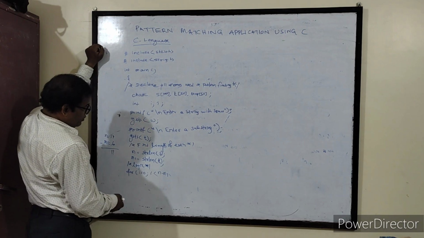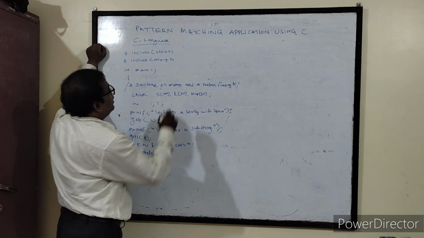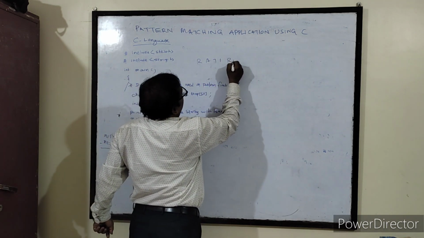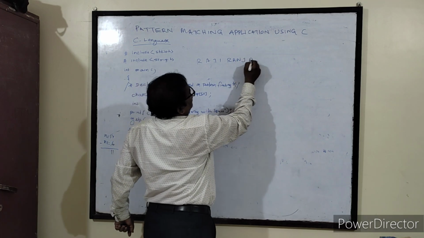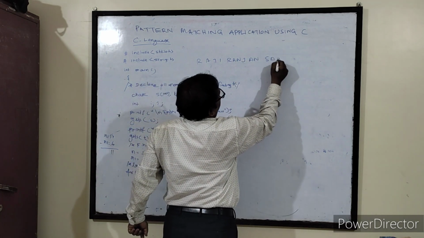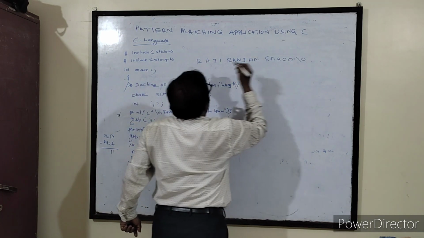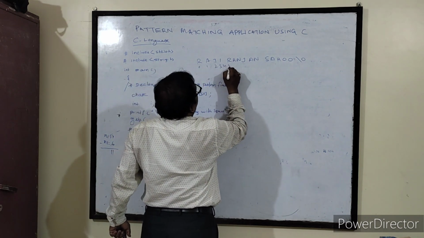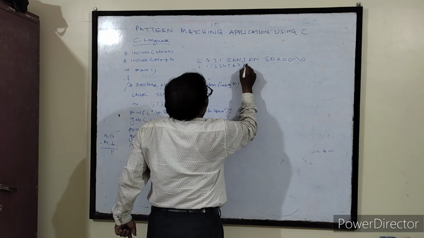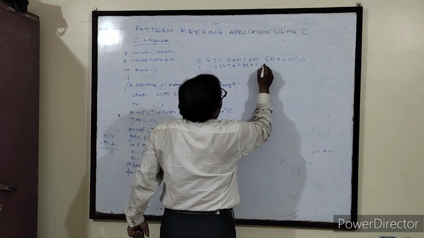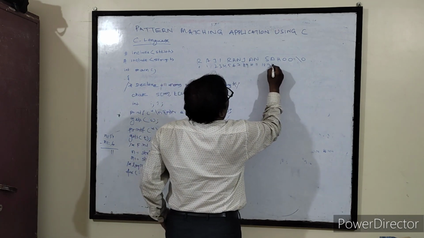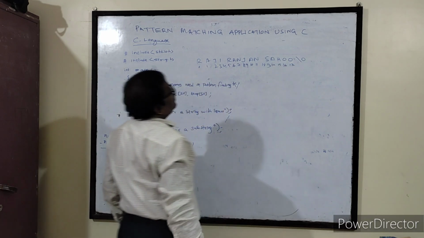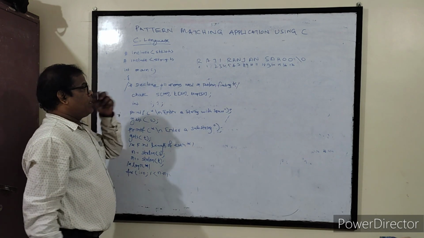Taking the string R A T I R A N J A N S A H O O and the null character, counting 0, 1, 2, up to 17, the total length is 17 here.